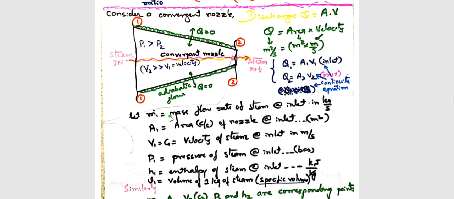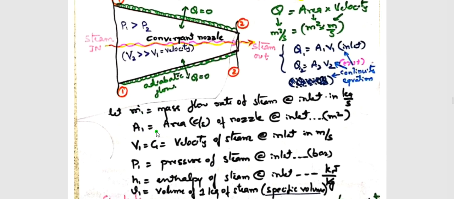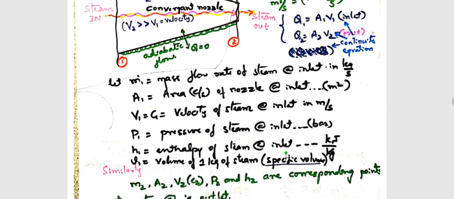Okay, these are some terms we have taken. M1 dot is the mass flow rate of steam at inlet. What is the unit of mass flow rate? Kg per second. Similarly, A1 is the cross sectional area of the nozzle at inlet, that is meter square. Similarly, velocity of steam at inlet. And dear students, here I have taken C1 in place of V1 for velocity, because one more property of the steam needs to be discussed here, that is specific volume.